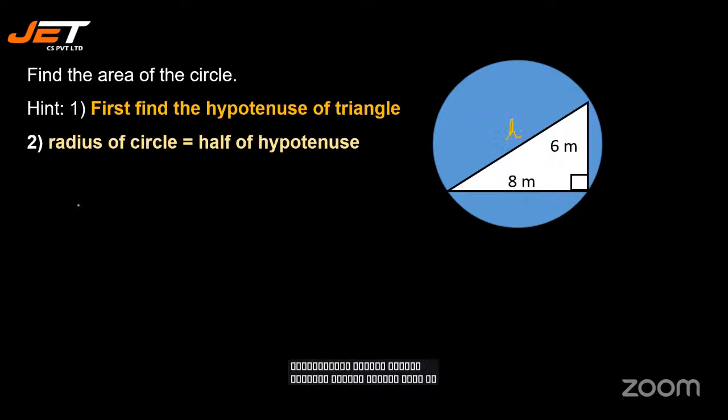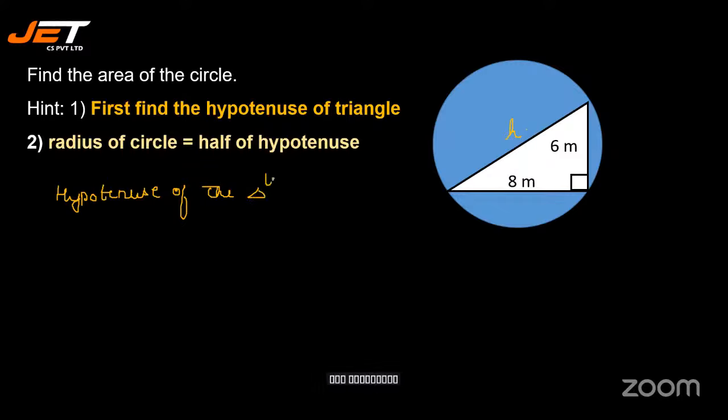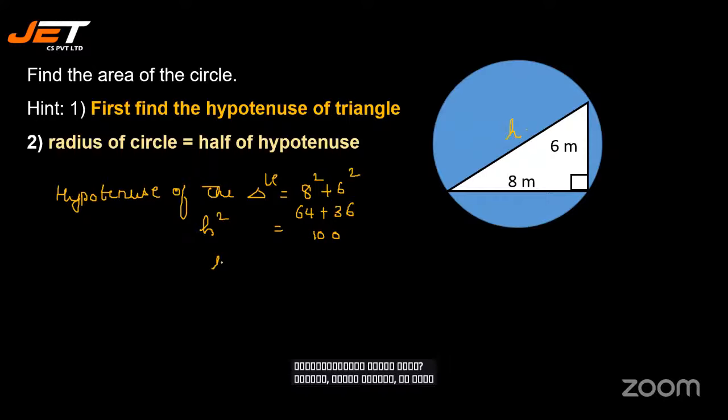So the hypotenuse of the triangle is 8 square plus 6 square. 8 8s are 64 plus 6 6s are 36. So 100. So h square is 100. h square is 10 square. h is equal to 10 meter.